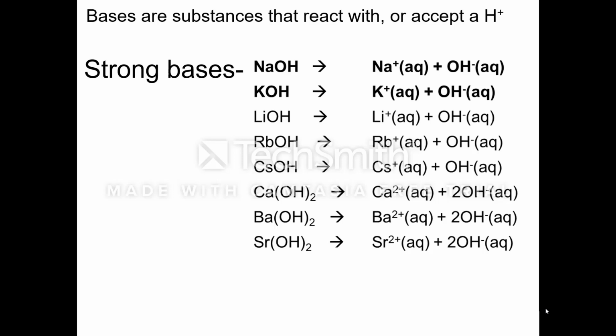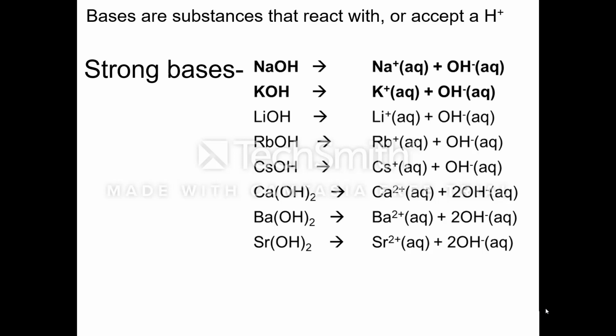Just like strong acids, strong bases fully dissociate in water. So if I dissolve sodium hydroxide in water, it will fully dissociate into Na+ cations and OH- anions. And remember that strong bases are strong electrolytes.